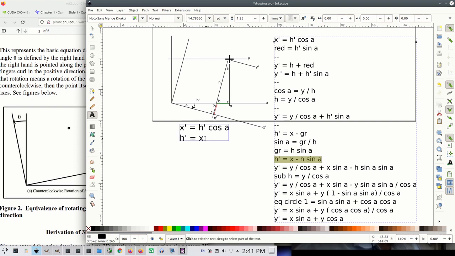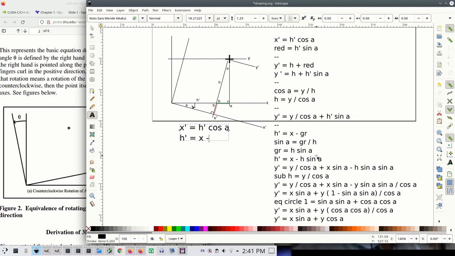Okay, we'll go with that one. And h equals y over cos a. Maybe there's a shorter way. Oh yeah, there's a shorter way. And h prime equals x minus green. Yeah, that is the one.